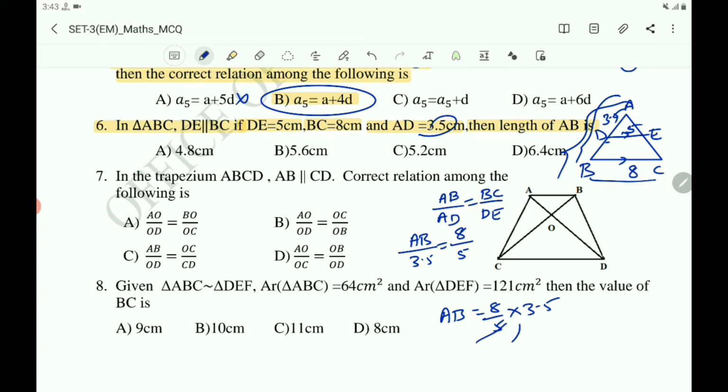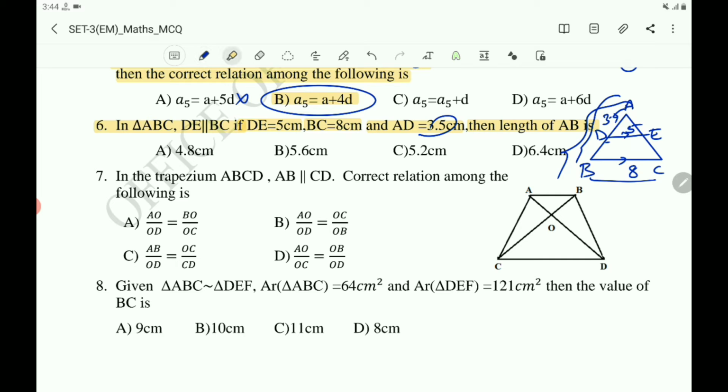You know that 5 sevens are 35, so 3.5 divided by 5 is 0.7, and 8 sevens are 56. That is 5.6. So option B is the answer, that is 5.6.